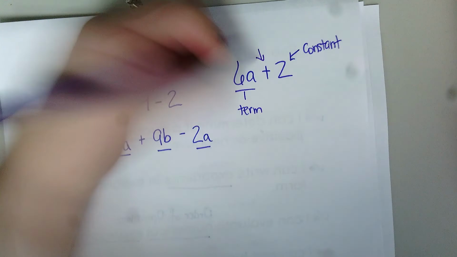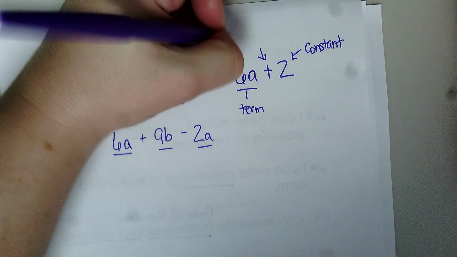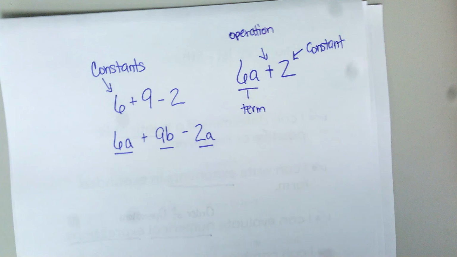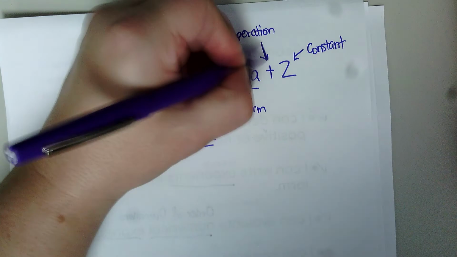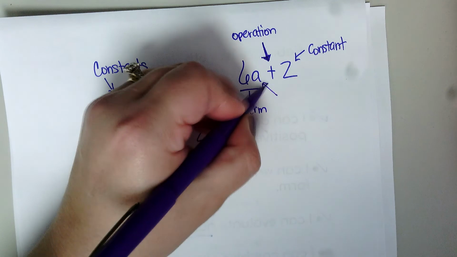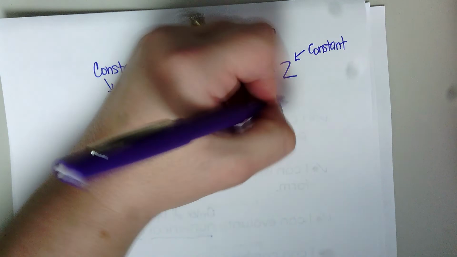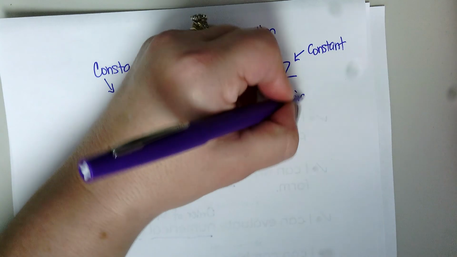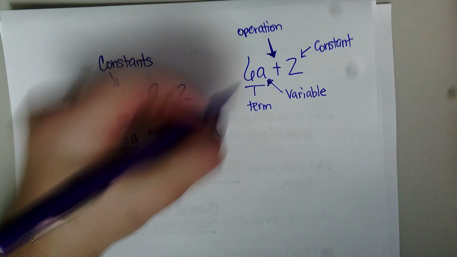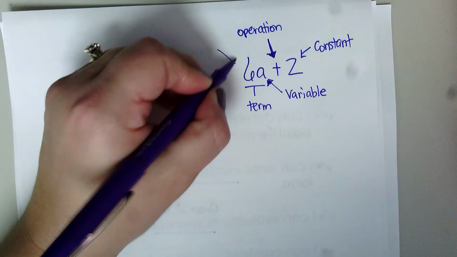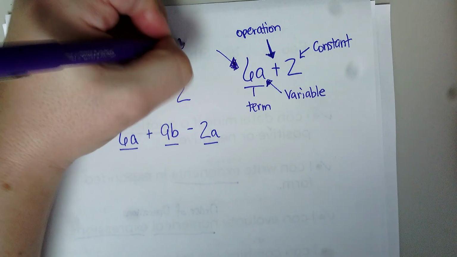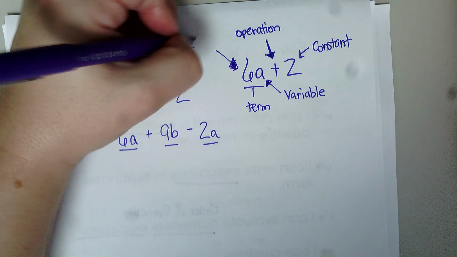This right here is the operation. This is your add, subtract, multiply, or divide, right? This little letter here is called a variable. And the 6 in front of the variable is actually called a coefficient.